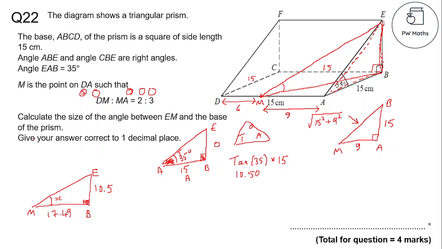I now have enough information. I've got my one with all the shading on it, the adjacent. I've got my other side, the opposite. It's still tan. I'm trying to work out the angle. T on the calculator is of course tan, and it's O over A. So it's the tan of 10.5, the opposite side, over 17.49.